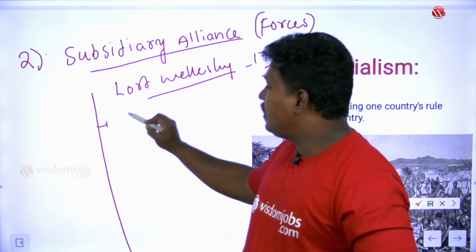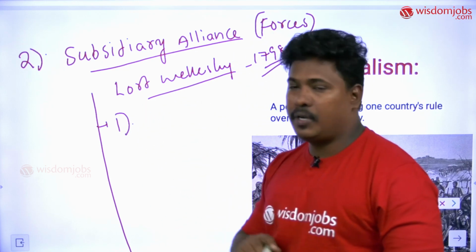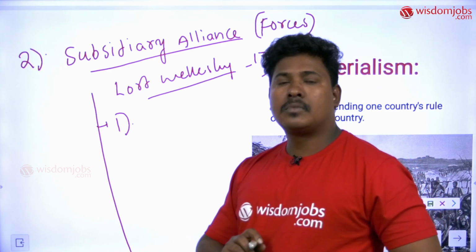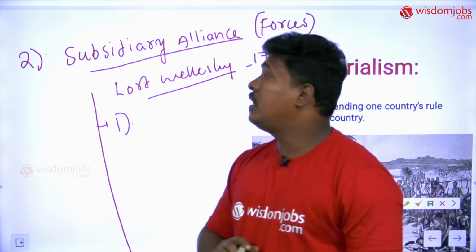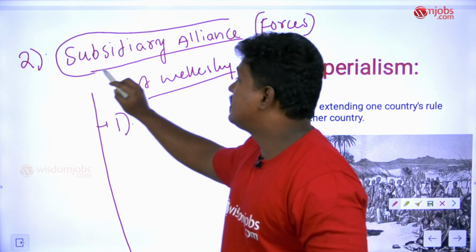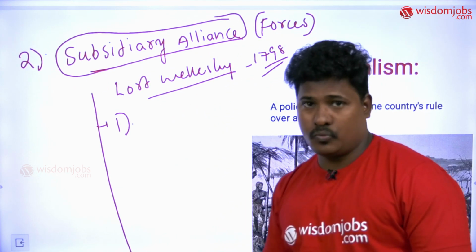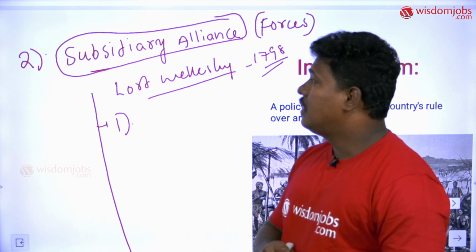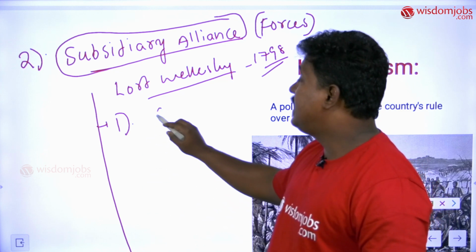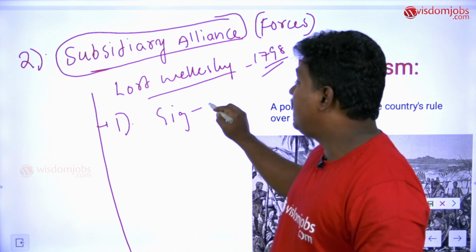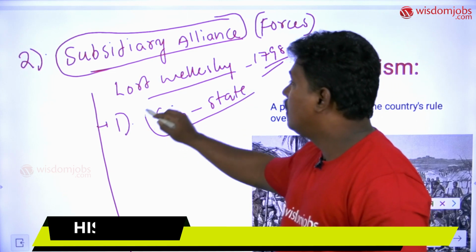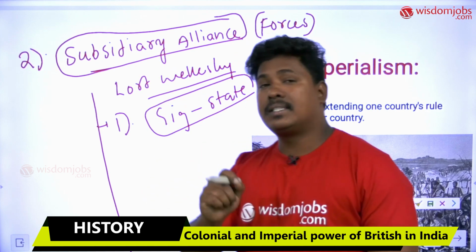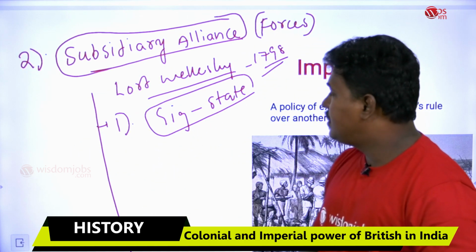So here, the first provision of this policy is, once signed over the treaty of subsidiary alliance, the native state becomes a signatory state. What is it? Signatory state. Once signed over a treaty of subsidiary alliance, the Indian state becomes a signatory state.